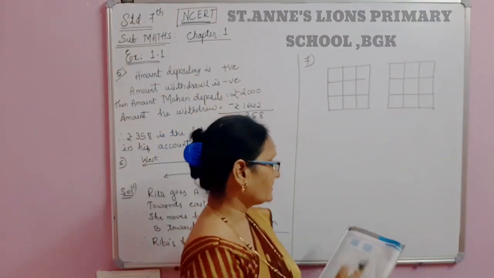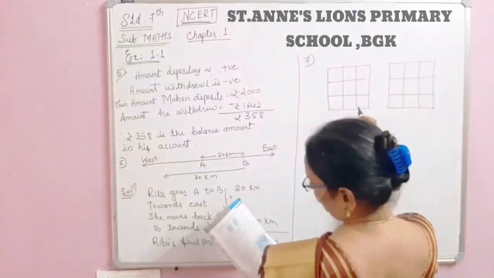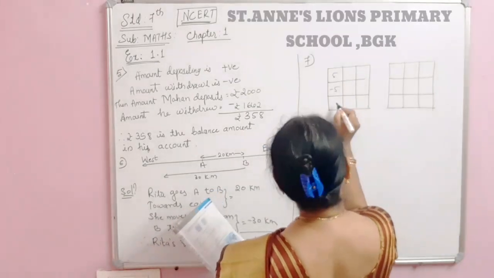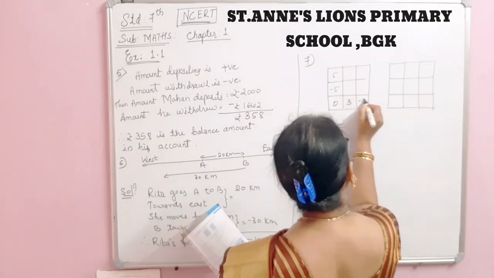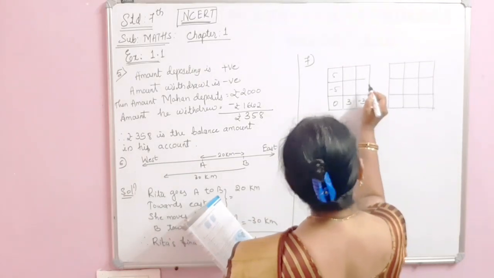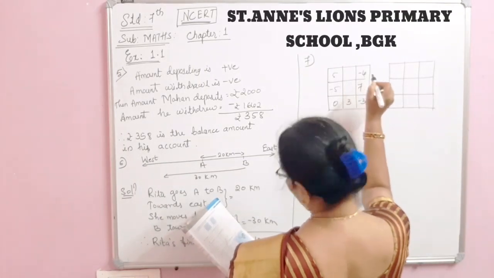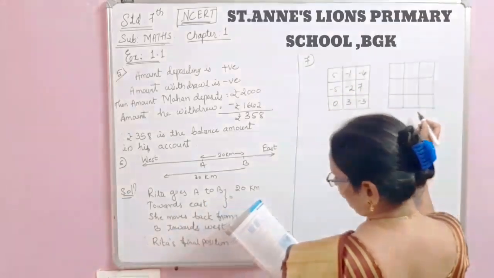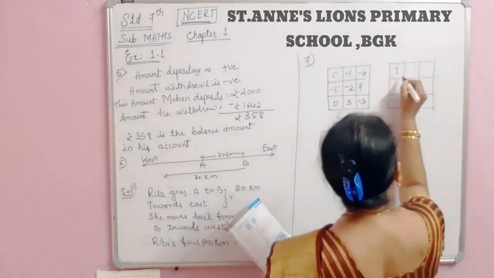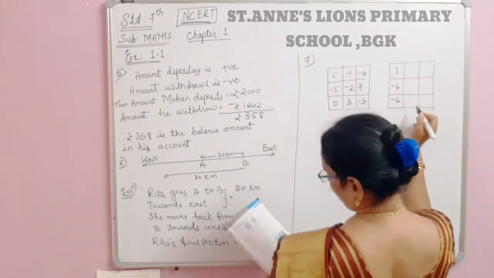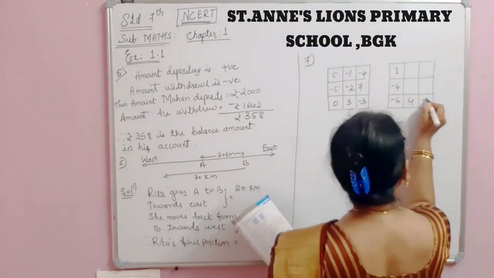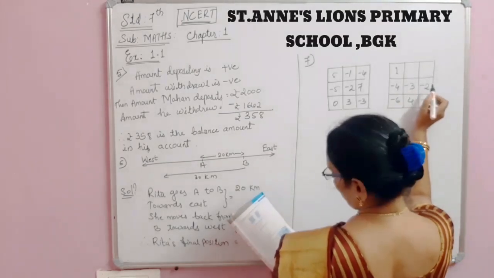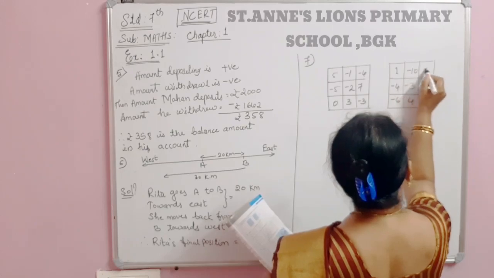In the magic square, the rows and columns have entries like 5, minus 5, 0, 3, minus 3, 7, minus 4, minus 1, minus 2, 1, minus 4, minus 6, 4, minus 7, minus 3, minus 2, minus 10, 0.